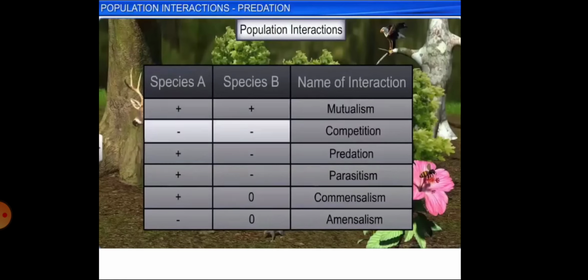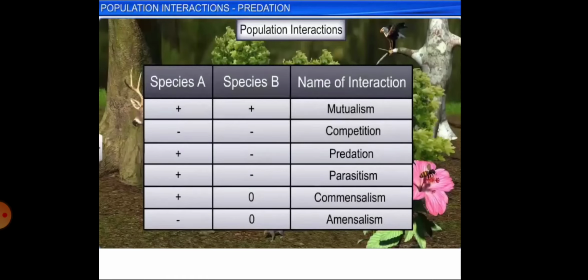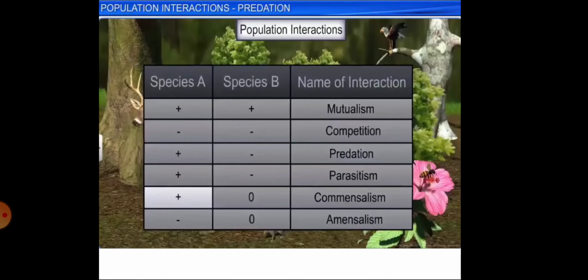In both parasitism and predation, the interspecific interaction benefits one species while it harms the other species. However, when interspecific interaction is beneficial to one species and neutral to the other, the interaction is known as commensalism.